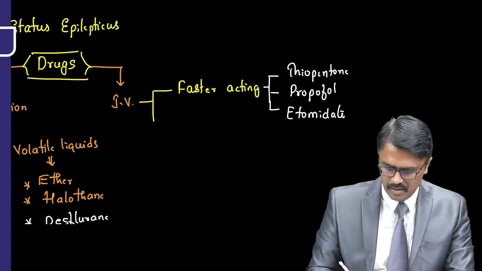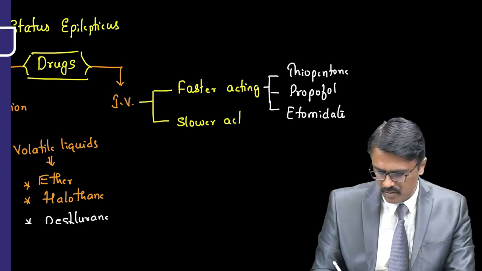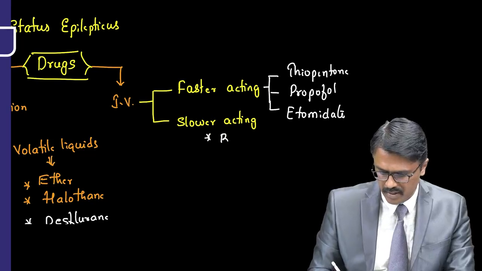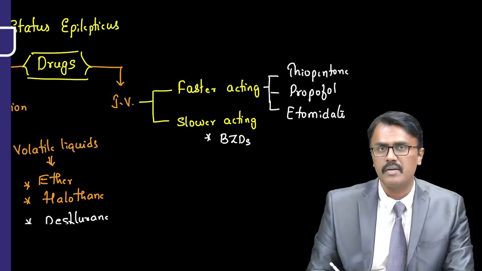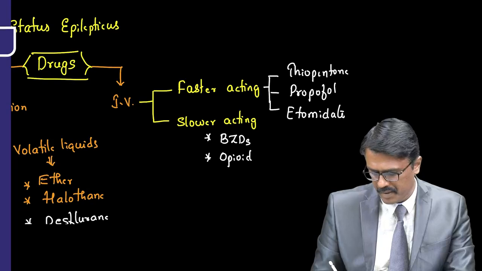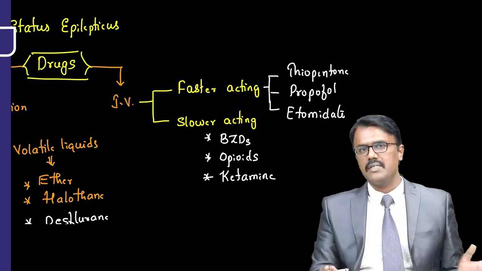Then we have the drugs which are given IV but are slower acting, they induce more slowly. In the slower acting group, we have the benzodiazepines, then opioids, and a drug called ketamine. So these are the intravenous drugs.